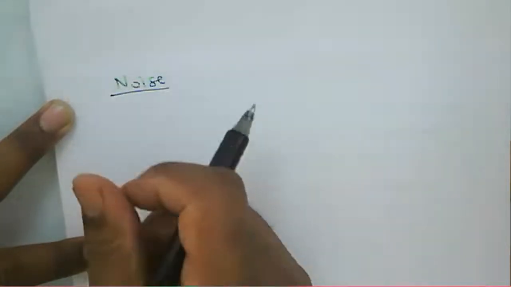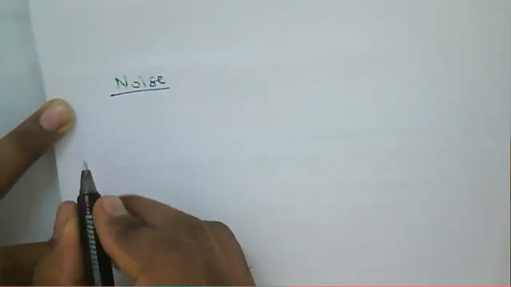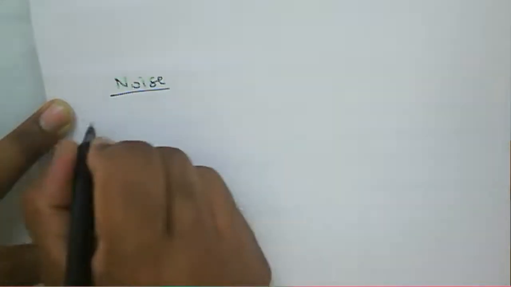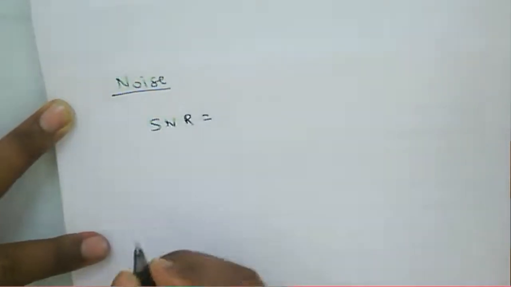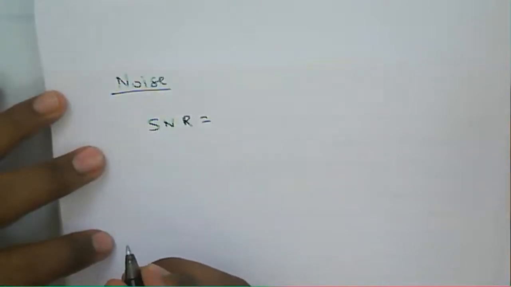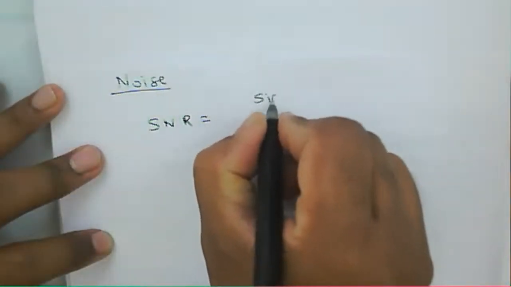If it doesn't contain the information but is still detected by the detector, then that belongs to the noise. So now for this noise we should define the signal to noise ratio. So what does signal to noise ratio mean?